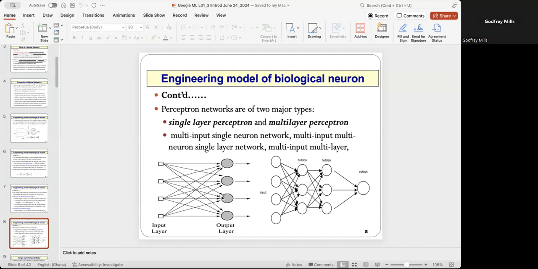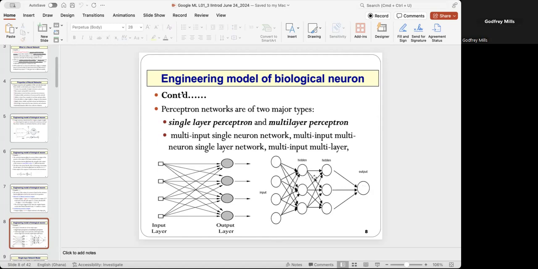Right. So we can have what we call a single layer neural network architecture, and then we can also have what we call a multi-layer network architecture. In a multi-layer network, we can have an input layer that will receive the inputs, an output layer that will give us output from the neuron, and then a number of layers in between the input and the output.